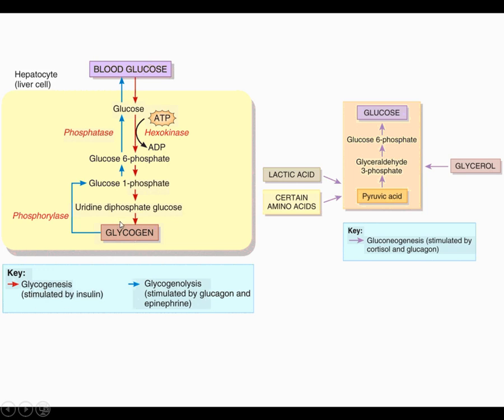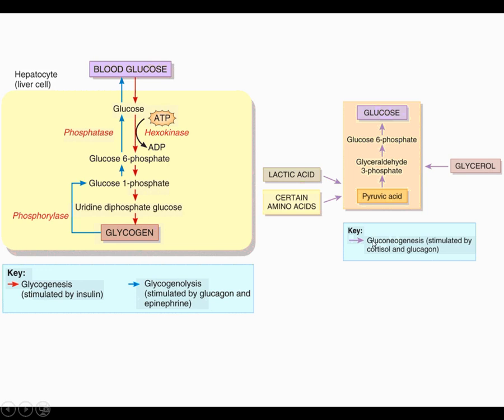The opposite, glycogen to glucose with our blue arrows, when we are hypoglycemic or when we are exercising, glycogenolysis. Two major hormones involved with that, glucagon and epi. Okay. And then over here is gluconeogenesis, where we can take things like parts of the fats, lactic acid or amino acids, do some different things. Even pyruvic acid, we can go backwards and form glucose.